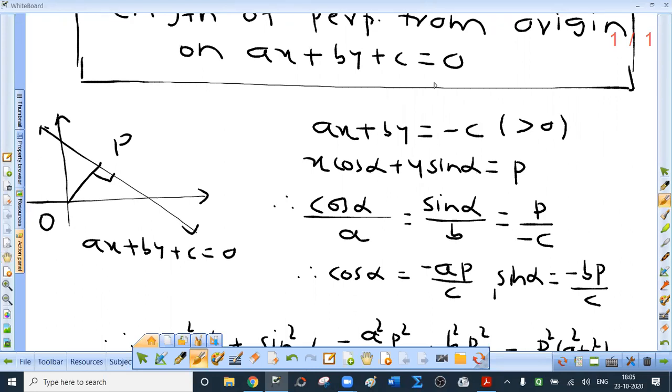Now I compare this equation with x cos alpha plus y sin alpha equal to p. Now you will ask me, sir, why to compare this equation with this one? For the simple reason, in x cos alpha plus y sin alpha equal to p, what does p stand for? P represents length of perpendicular from origin on the line, and we are interested in finding that only.